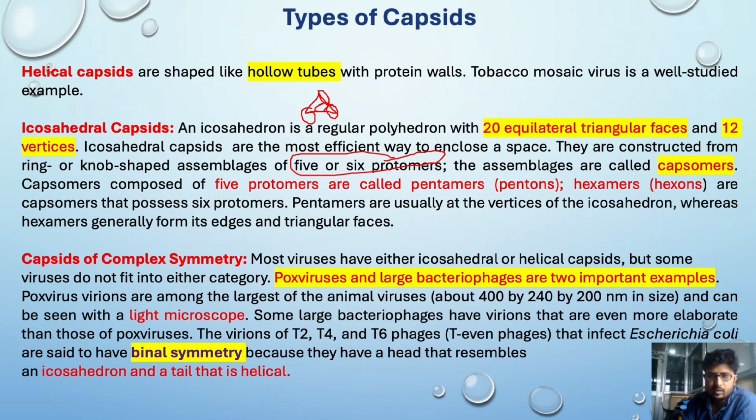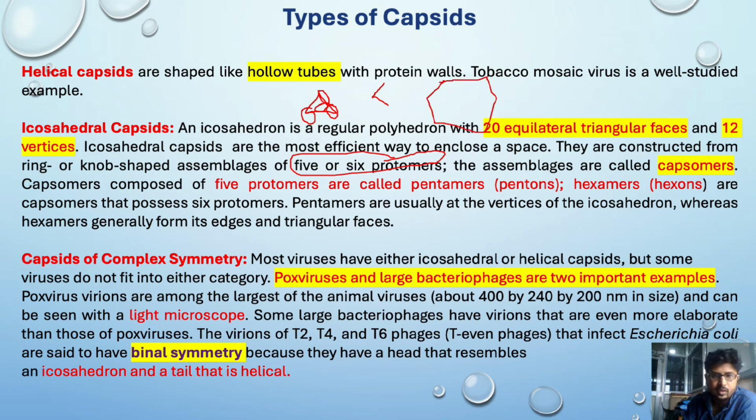Capsomers are composed of protomers and the capsid is composed of capsomers. So protomers are the lowest unit which join together to form a capsomer or capsomere. Sometimes different books say this differently, and capsomers at last give you the helical or icosahedron capsid structure like this, okay.